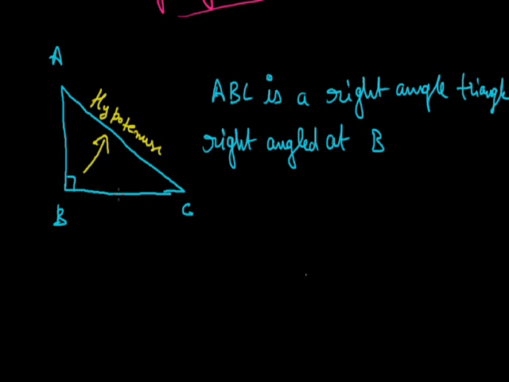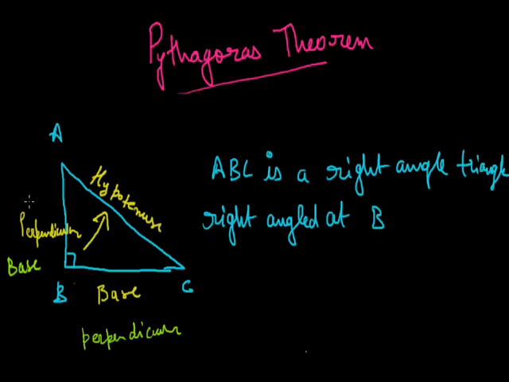For example, if I take this BC side as base, then this will become the perpendicular, and if I take BC as perpendicular, then AC will become the base, then AB will become the base of this triangle.